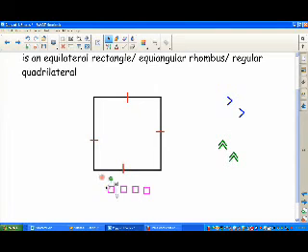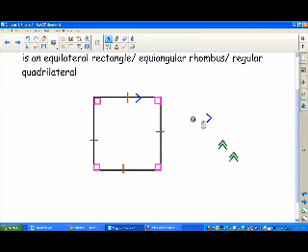I've got congruent angles. And since it's a quadrilateral with 4 congruent angles, they all have to be 90 because the degree measure of a quadrilateral is 360. And it also has to have 2 sets of parallel sides.